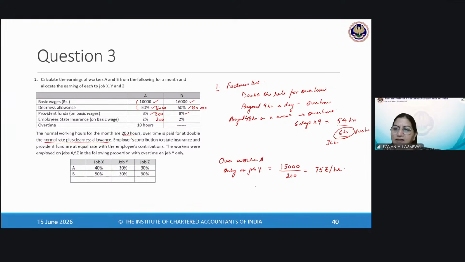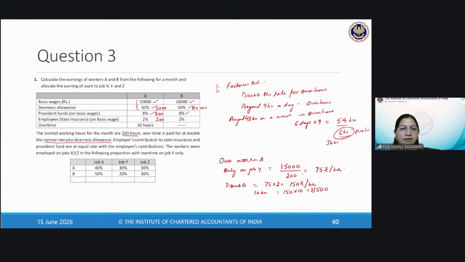And the double rate for overtime will then be 75 into 2, which is 150 rupees per hour. As he has done it for 10 hours, he will be paid 150 into 10, 1,500 rupees for the overtime.